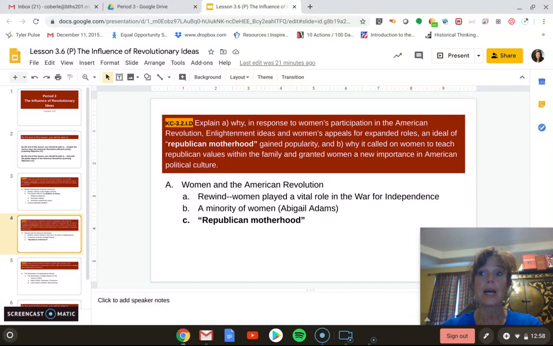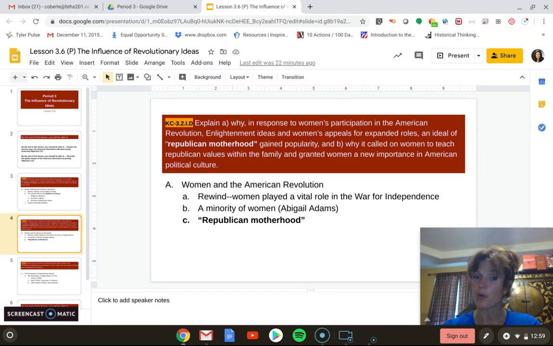Typically, children did not go to school, but these women taught their children that you need to be a servant to the public. You need to be educated. It is necessary for a republic to continue to have educated people. Women, in essence, were training the future generations of America in their future role as Americans.